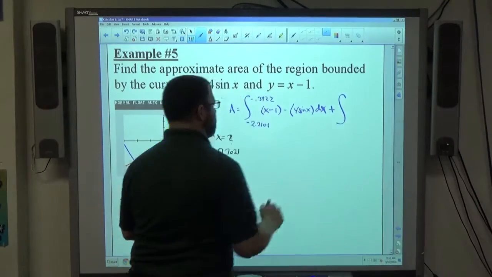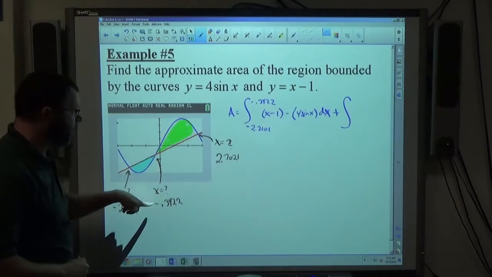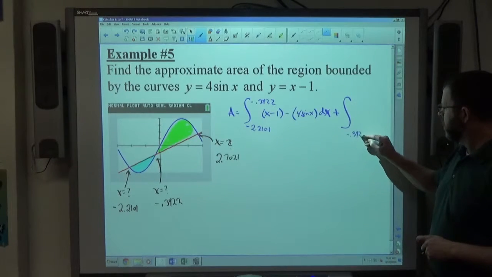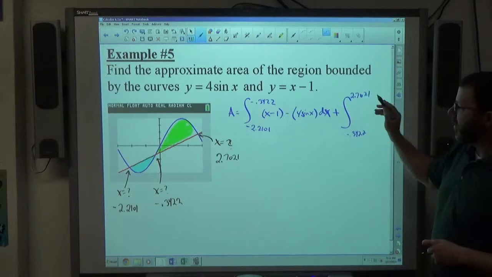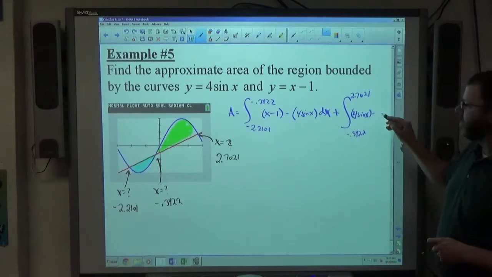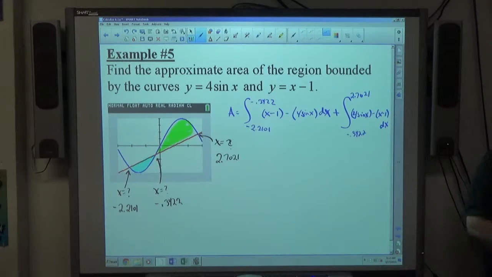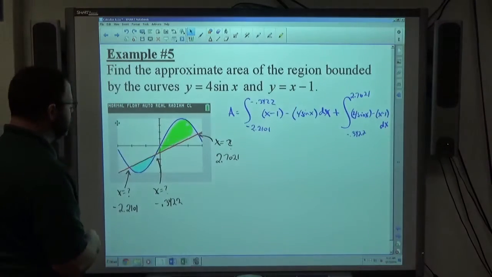For the second piece, we're going to start at -0.3422 and go up to 2.7021, and that's the curve first, 4 sine of x, minus the line second, minus x minus 1, dx. Again, construct your integral the same way you always do, just create one for each region.